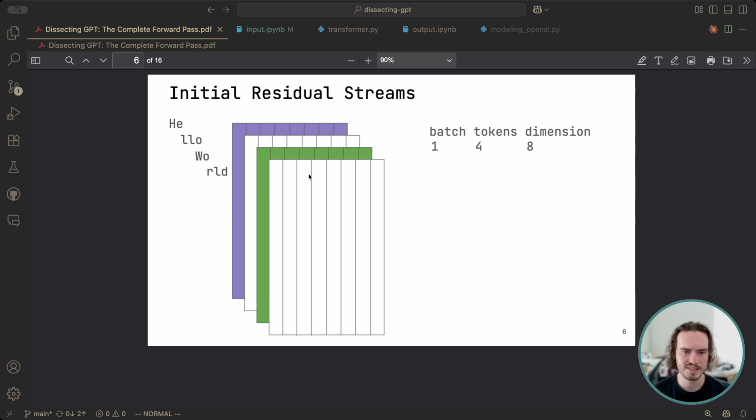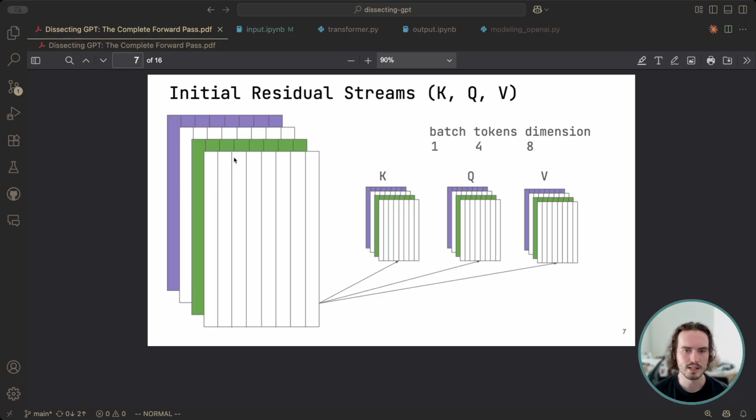So in this example, I've created a situation where there are 4 tokens with our one batch, and these embeddings are supposed to have dimension 8 as represented by 8 slices on a corresponding rectangle, and the color is supposed to have some meaning.